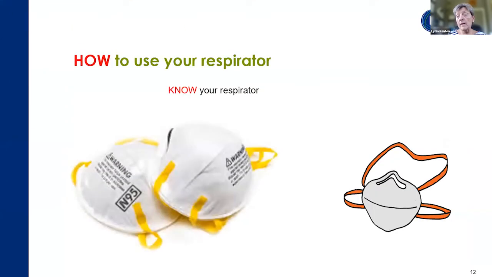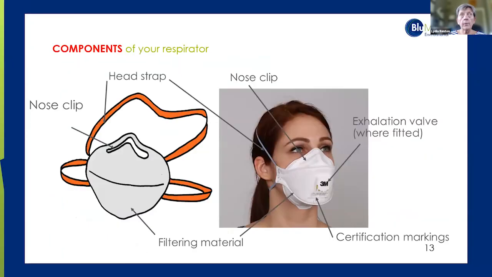So, your best friend, your respirator: how to use it? Well, you have to know your respirator. You have to know the parts of it in order to make sure that you're wearing it properly. So for example, here are the components. The most important one is the filtering material itself, but it's not going to filter well unless it's put on your face properly.